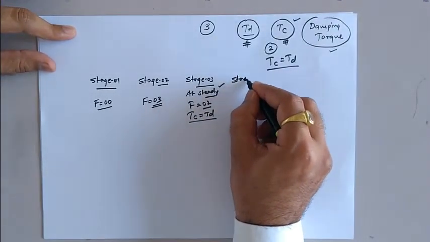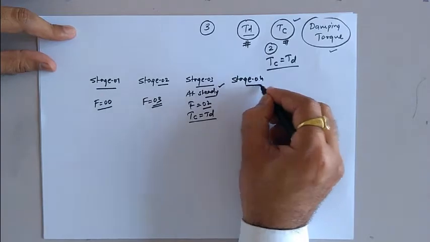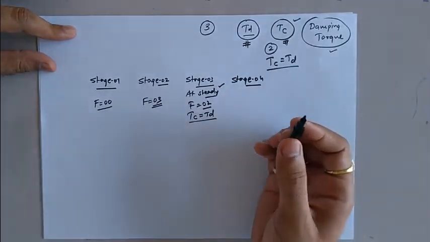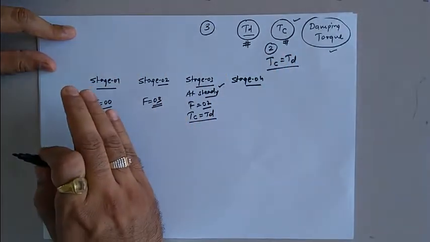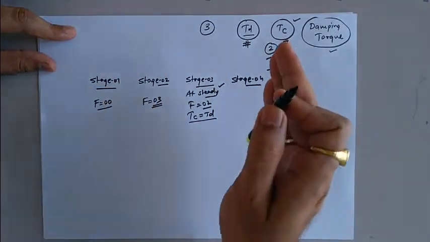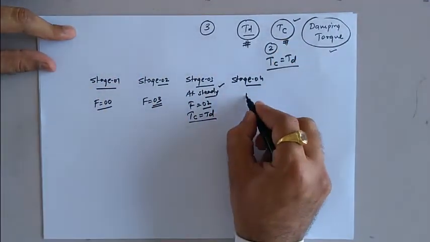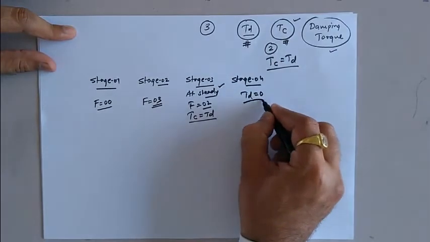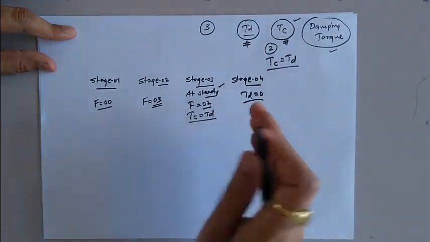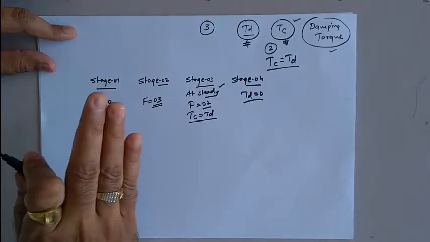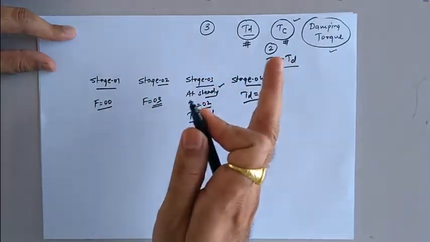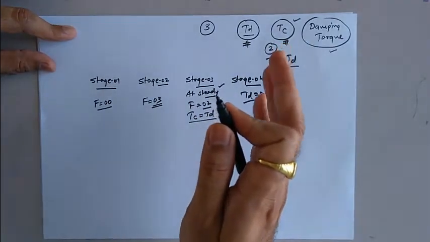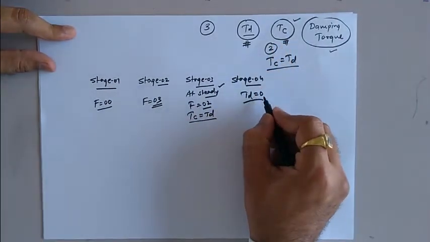Then let us consider stage number 4, or you can say next instant, the moment when we disconnect that instrument from the supply. So when we disconnect that instrument from the supply, the component of this deflection torque is going to be 0, because there is no input current, there will be no initial driving force to drive the pointer, and that is the reason TD is going to be 0.